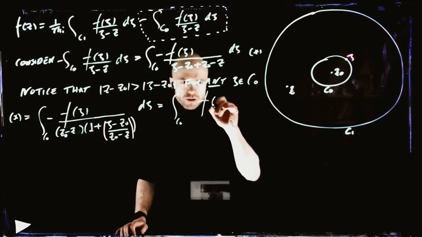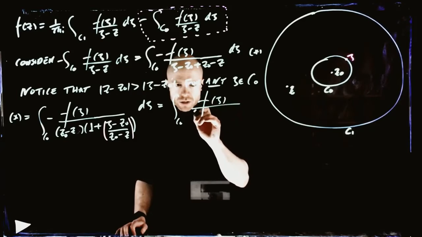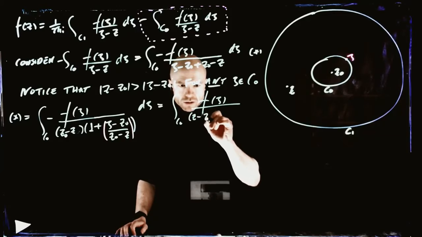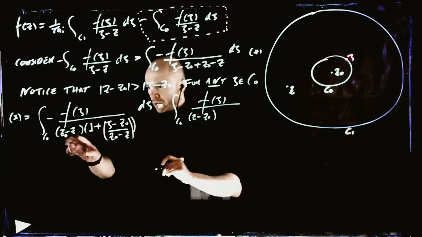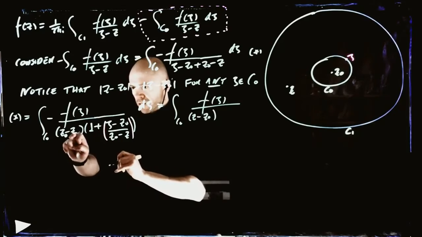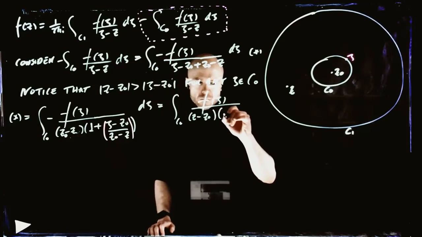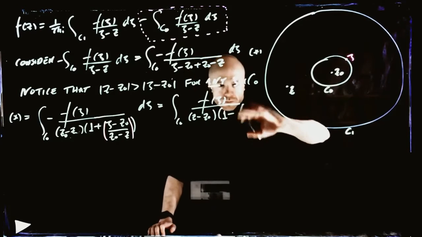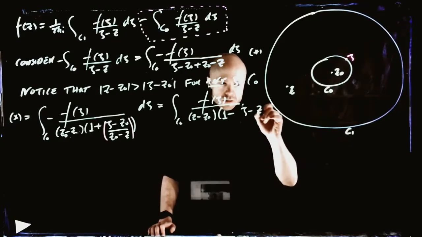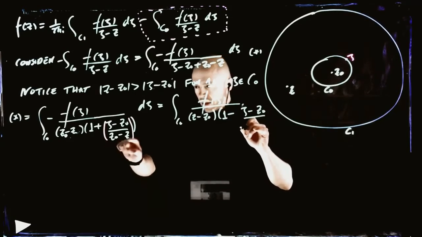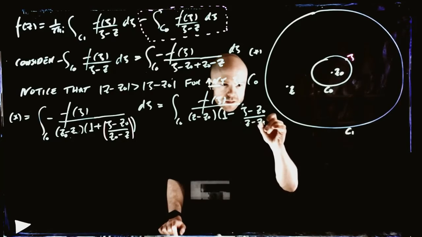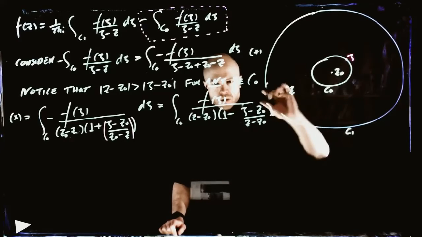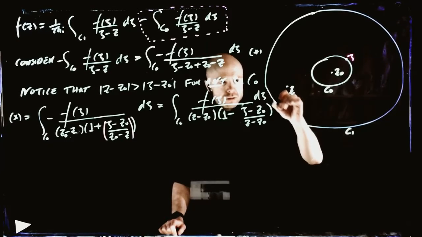So then we're going to have f of zeta, and on the bottom we are going to have z minus z0, flipping this around and getting rid of the minus sign. So this minus sign goes to flipping this thing around, and then we have 1 minus zeta minus z0 over, flipping now this thing around, z minus z0, like this. And this thing is integrated with respect to zeta.